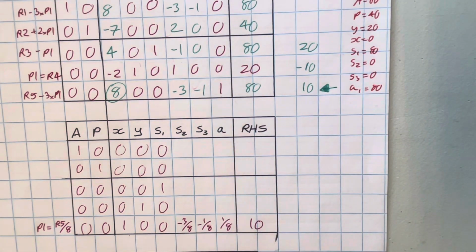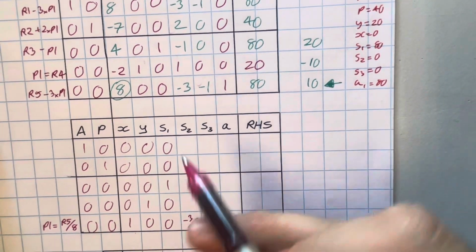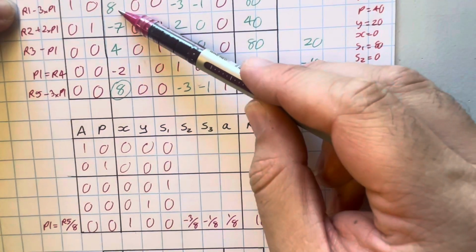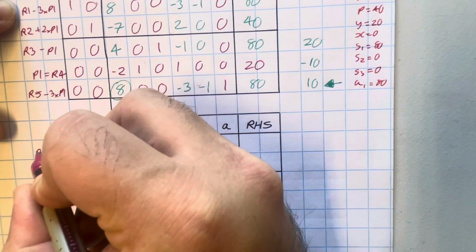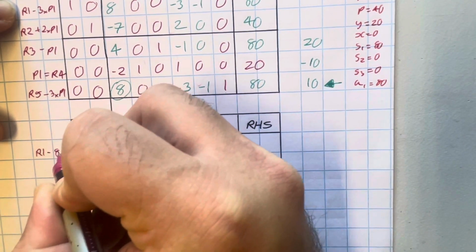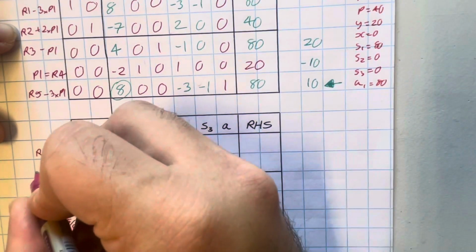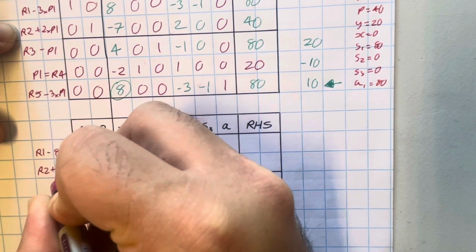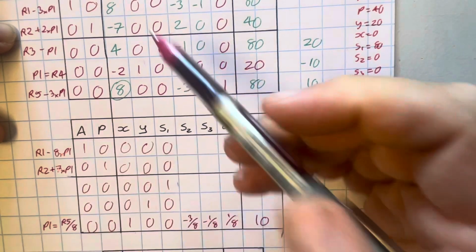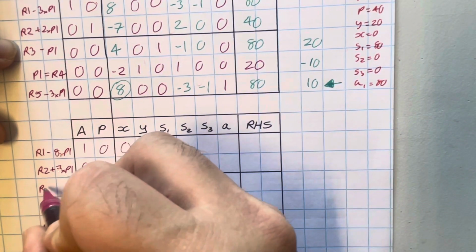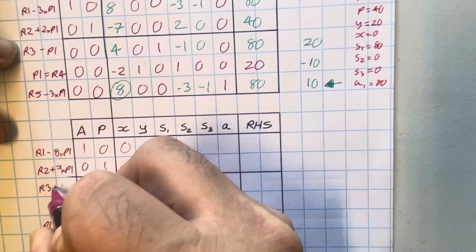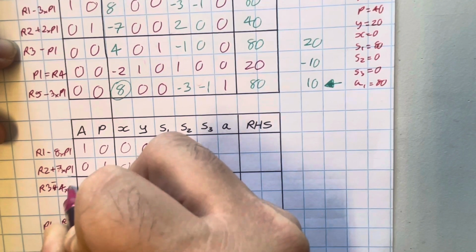Okay, our instructions. So to get rid of this, we're going to do row 1, subtract 8 times the pivot row. We're going to do row 2, plus 7 times the pivot row. We're going to do row 3, subtract 4 times the pivot row.